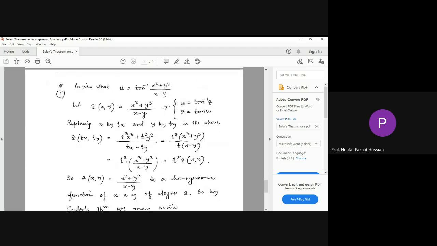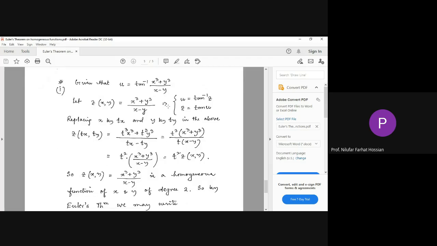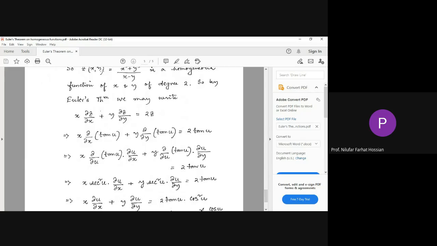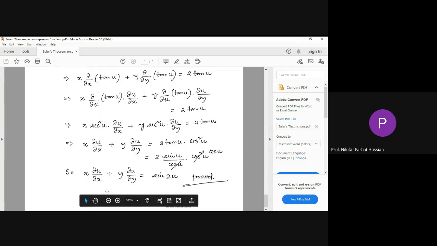Here you have to follow a technique. Here I have taken this (x cube plus y cube) divided by (x minus y) as z. If you do not follow this technique, your calculation will be very, very complicated, because finally you have to show that x del u by del x plus y del u by del y equals sine 2u.